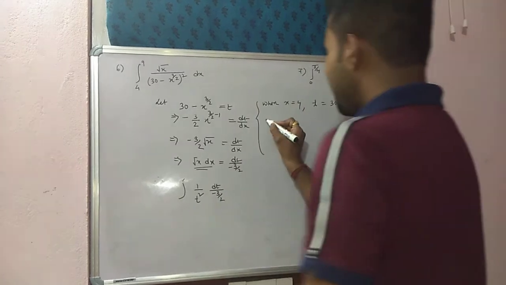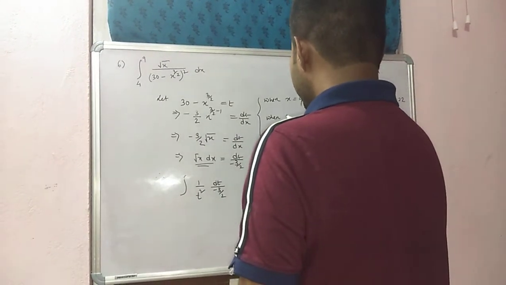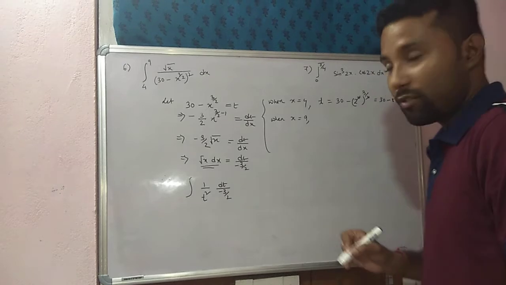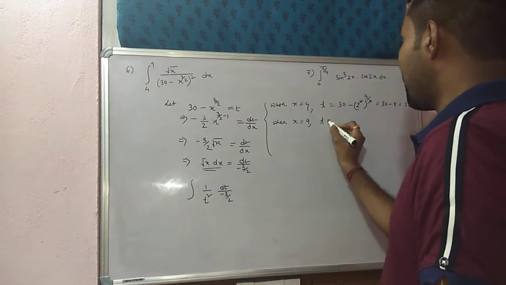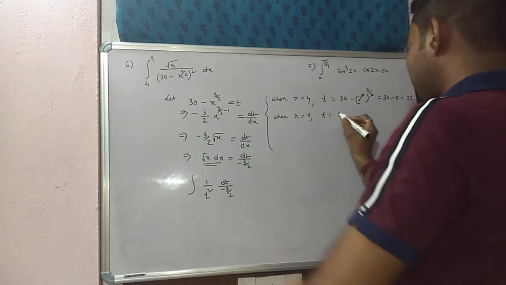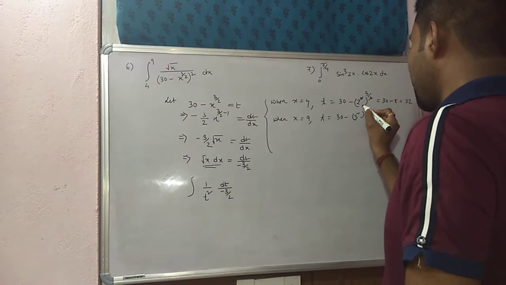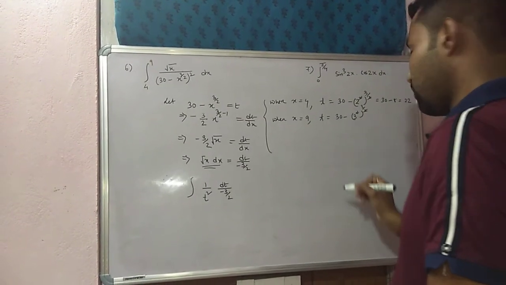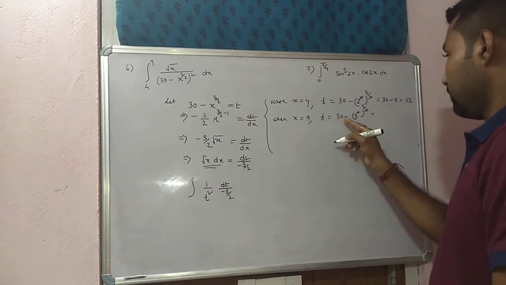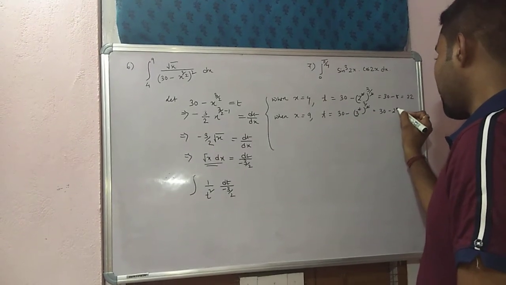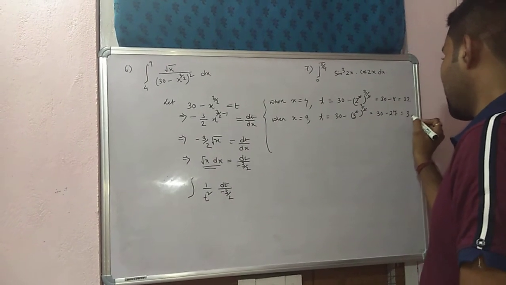Similarly, check the upper limit 9. When x is equal to 9, t is 30 minus 3 square whole to the power 3 by 2, here also the 2 cancels, 30 minus 3 cube, that means 30 minus 27, which is equal to 3.